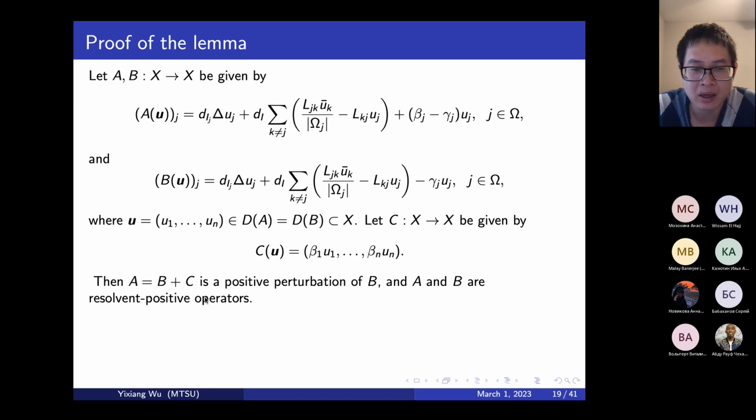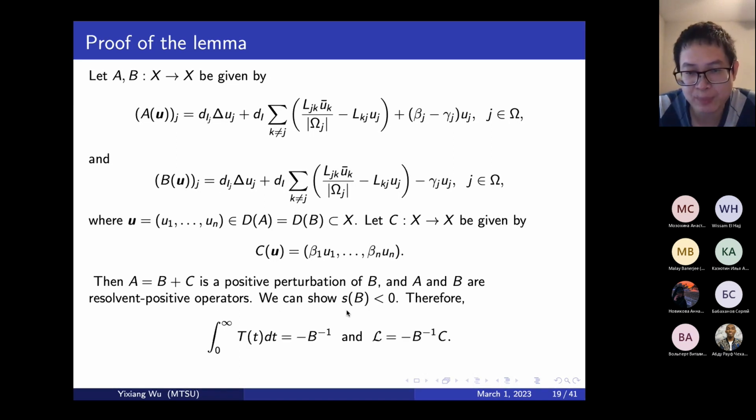And then you can clearly see A equals B plus C. A is a positive perturbation of B, and A, B are resolvent positive operators. Resolvent positive operators are just generators of positive semigroups.